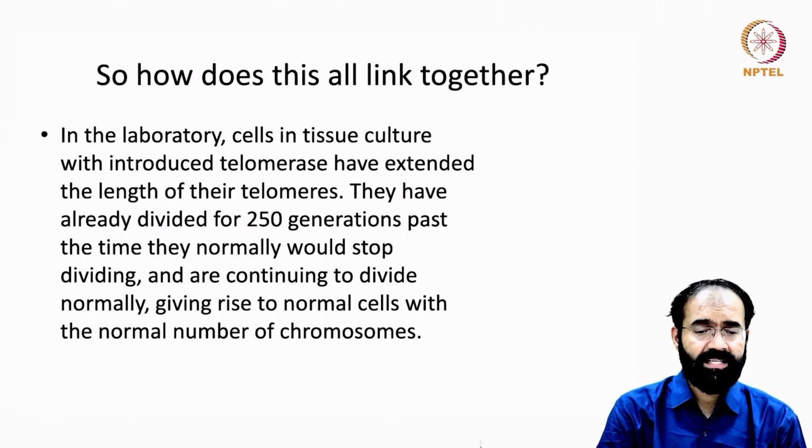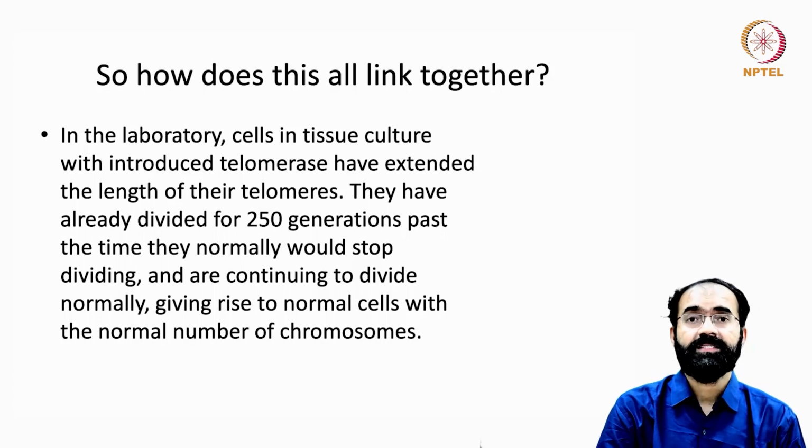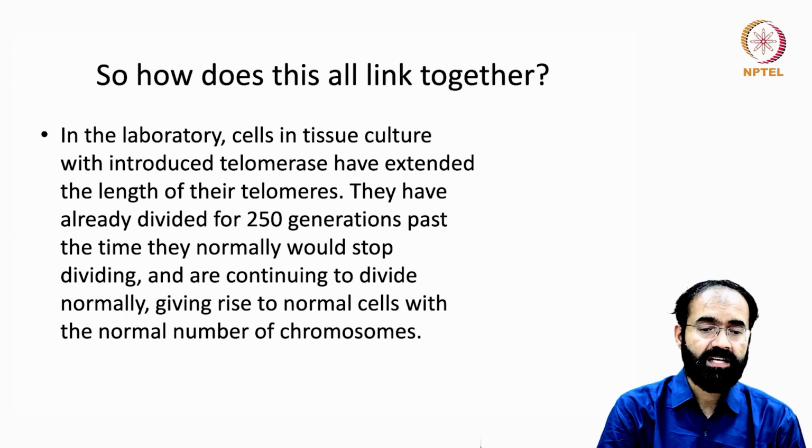So let us quickly see how this links all together. In the laboratory, cells in tissue culture with introduced telomerase have extended the length of their telomeres. Means telomerase is doing its job. They have already divided for 250 generations past the time they normally would stop dividing.